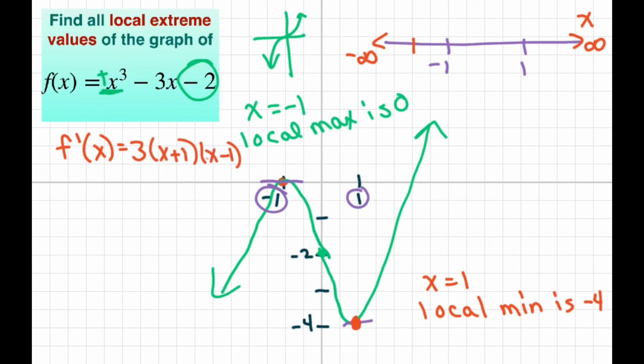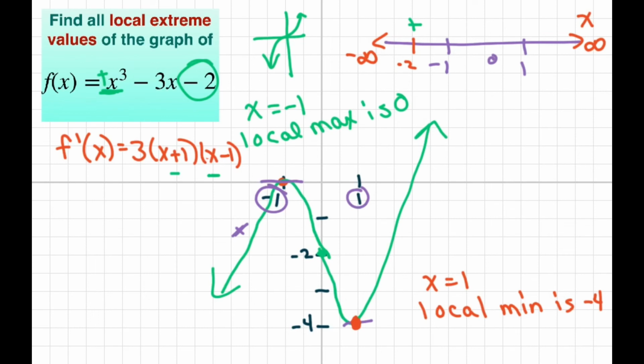So if I substitute, say, negative 2 in here, well, we don't need the 3. So basically, this is just going to give you negative 2 plus 1 and negative 2 minus 1. A negative times a negative gives you a positive. And that would mean this slope here is positive. And say substitute in a value here, say 0.